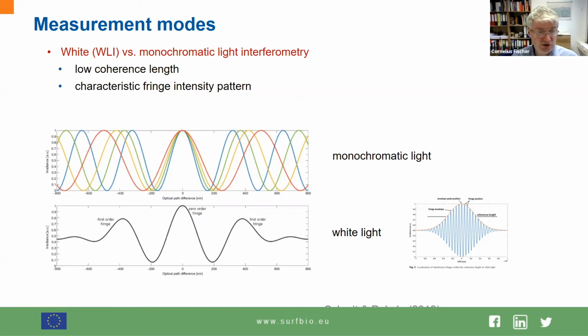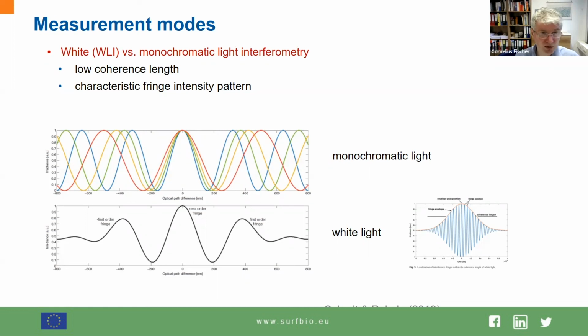The two types of interference patterns are shown on the left side here again. So let's start with monochromatic light. Could be red light, or it could be blue light, or yellow, green, something in between. So what happens with respect to your interference is shown in the upper figure. You produce constructive, destructive interference as a function of wavelength.